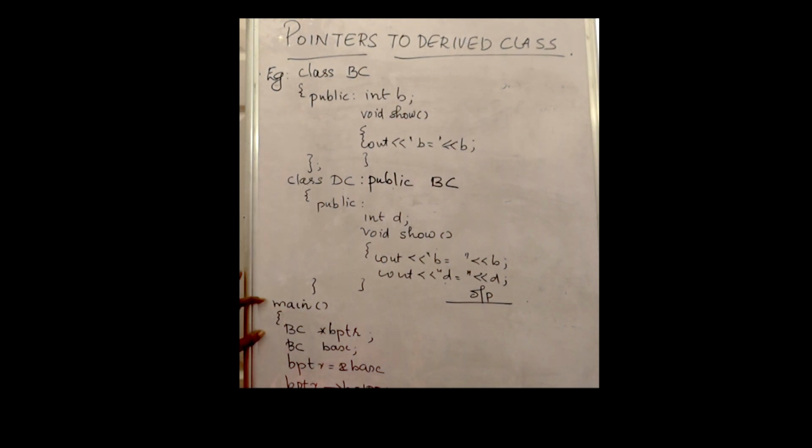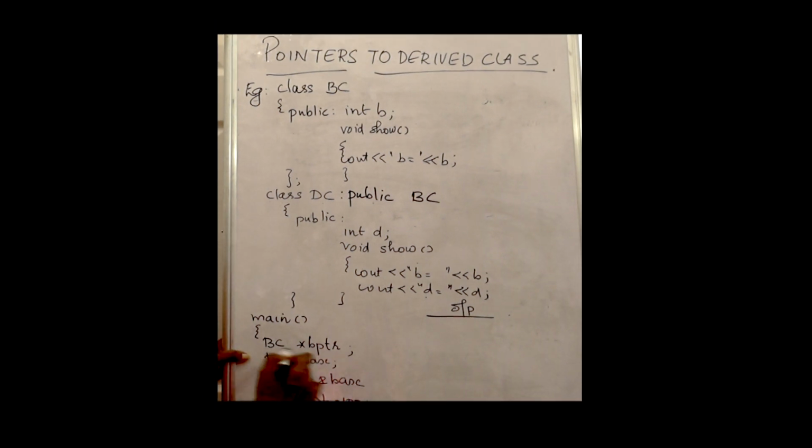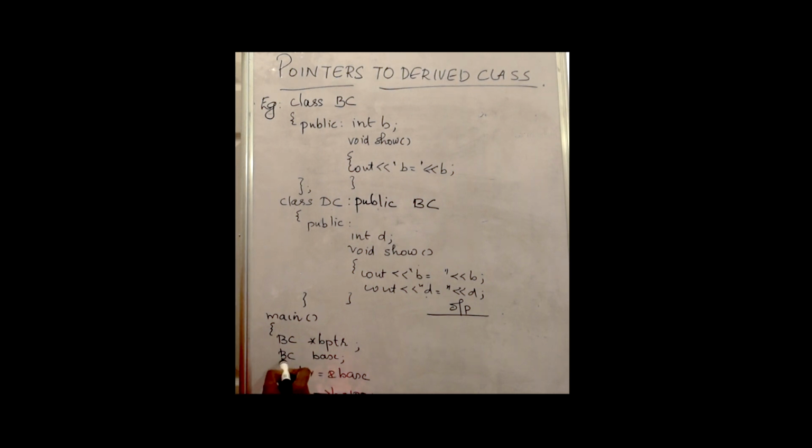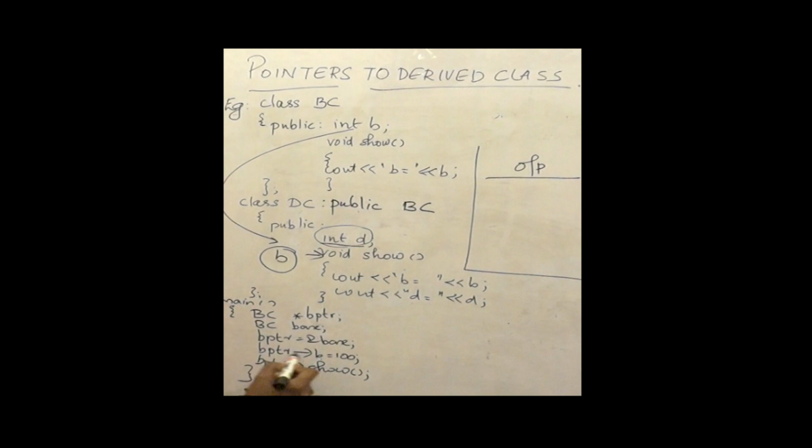First consider the case in the main function: BC star BPTR, that is, we are creating a base pointer, a pointer of the base class. Then we are creating an object of the base class named base. Then we are assigning ampersand base, the address of that object, to the base pointer BPTR. Next is BPTR arrow operator B equal to 100.